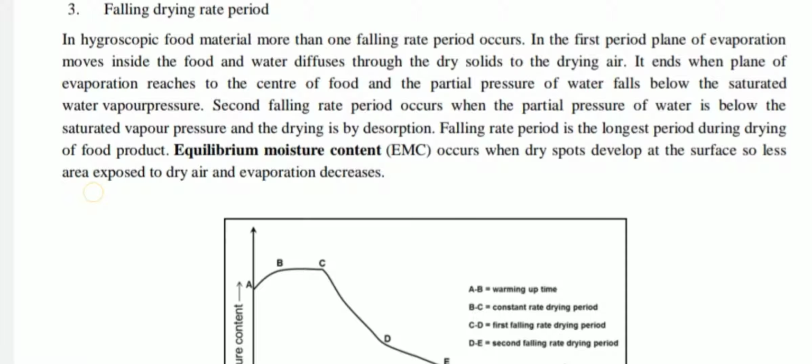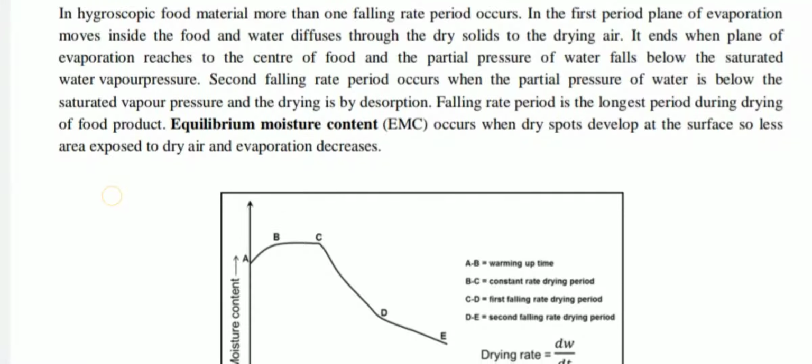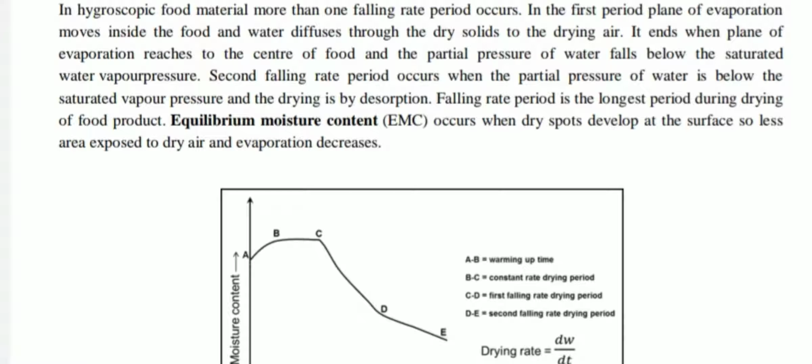So the moisture content reaches the equilibrium moisture content when there is an equal amount of moisture within the food and the outside air. It is the condition of equilibrium moisture content.